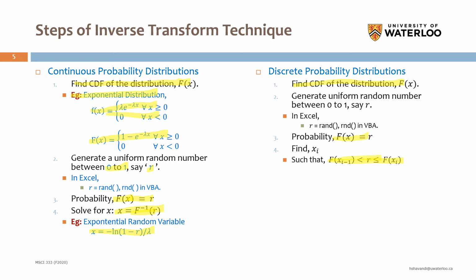Then we consider the upper limit of that interval, x(i), as the random variate for that discrete distribution.